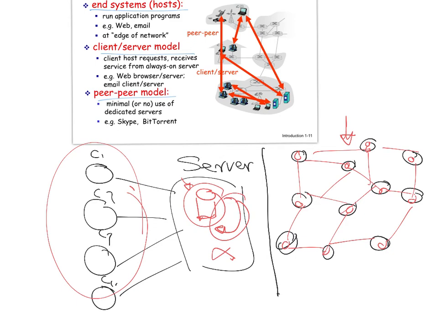Even WhatsApp, any 2 people can chat. But in terms of management, there is a server behind the scene that you don't see. Everybody has to authenticate themselves and gain access through the server. So again, when we say peer-to-peer, it's distributed content, but management is still centralized.